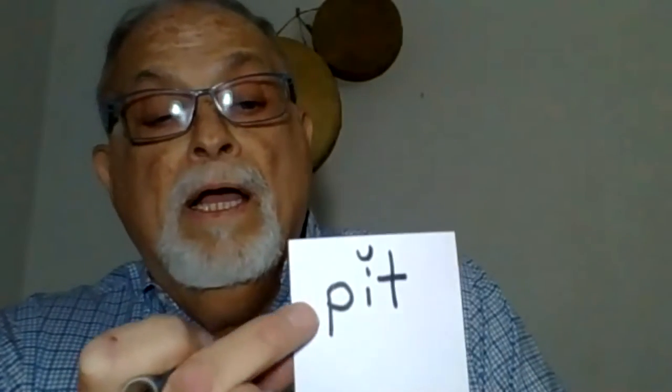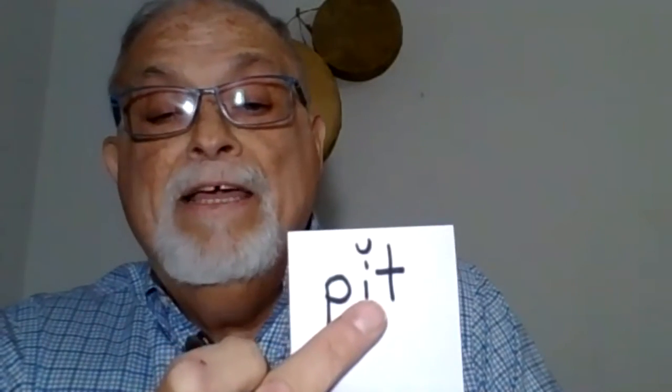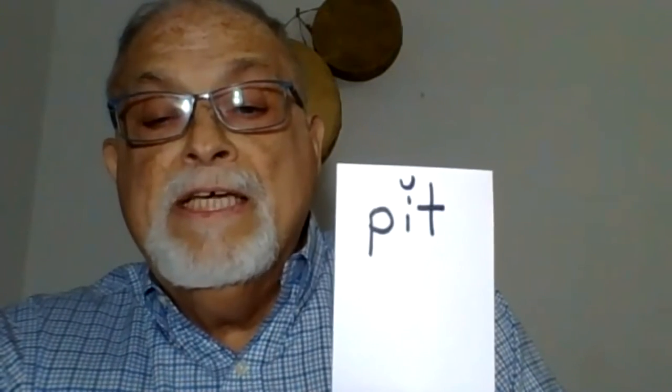Therefore, we would say that the vowel in a closed syllable is short because the T is our consonant closing it. It's short, so we code it with a breve. We know that the sound of P is P, the sound of I is I, and the sound of T is T. If we put that together, we have pit.